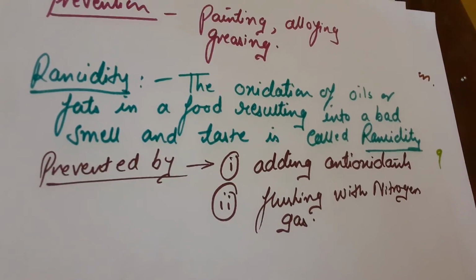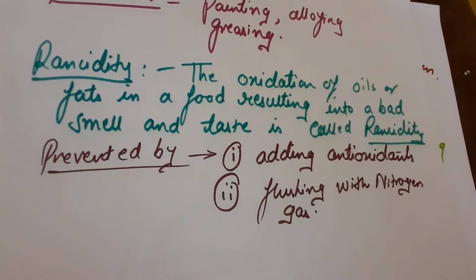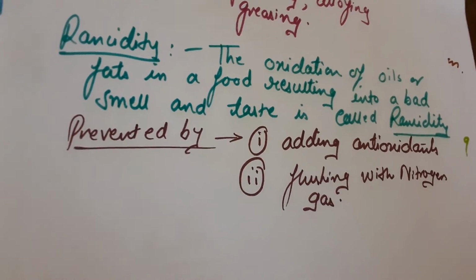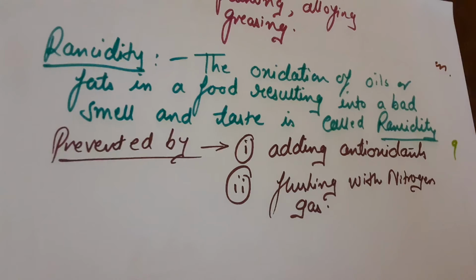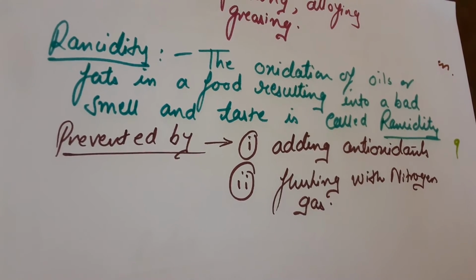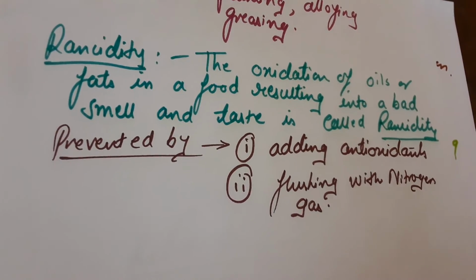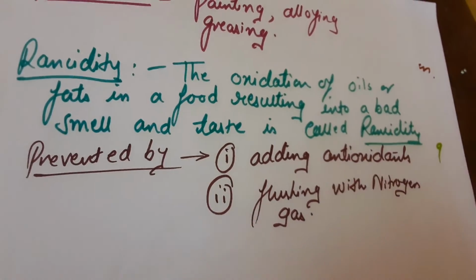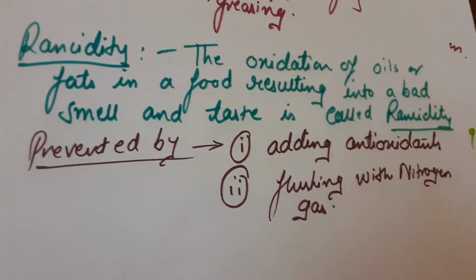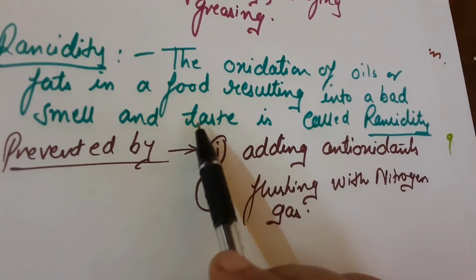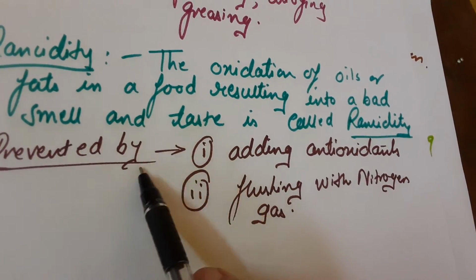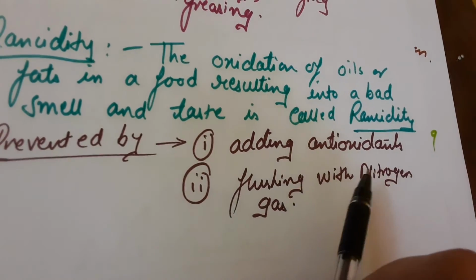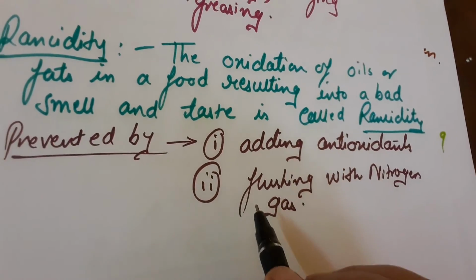Flushing with nitrogen gas can also be done. Generally manufacturers flush bags of chips with nitrogen to prevent the chips from getting oxidized. So prevention is very important. It can be prevented by adding antioxidants and flushing with nitrogen gas.